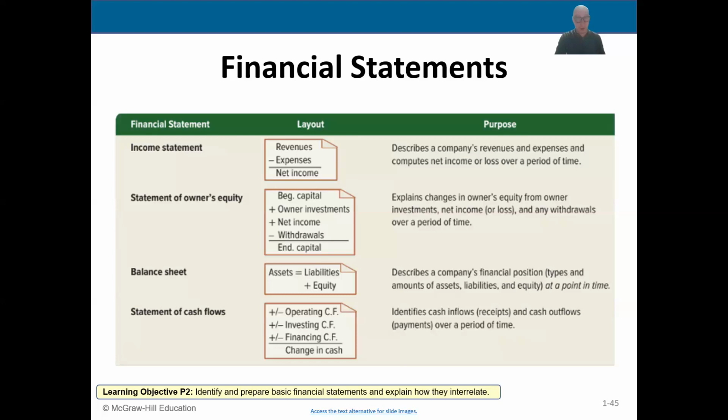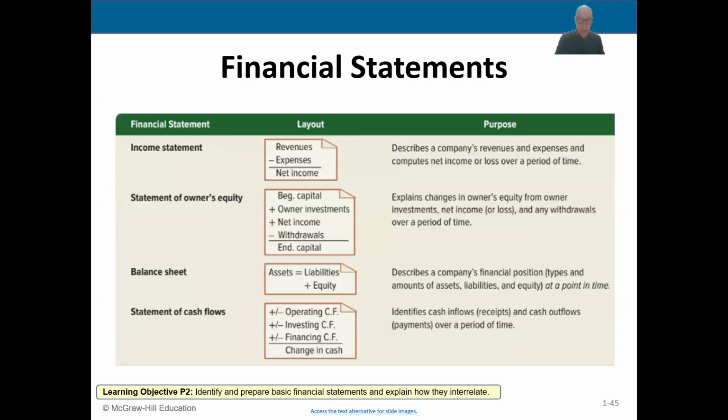That information, net income, gets transferred onto what we call the statement of owner's equity, because the idea is that net income stays in the business. It's retained in the business. The statement of owner's equity shows us the changes of equity in the business throughout that month or throughout that year.